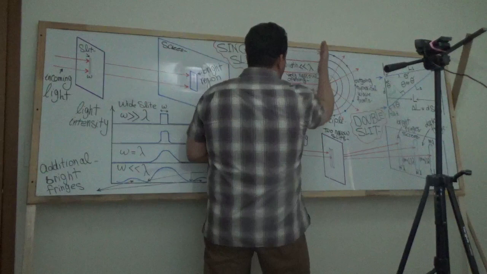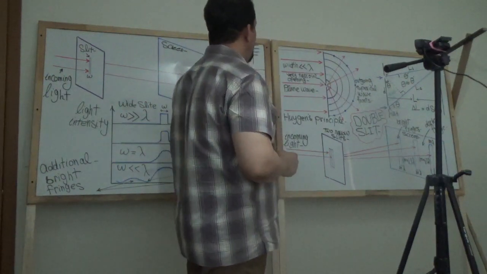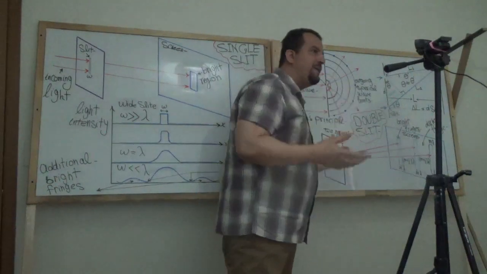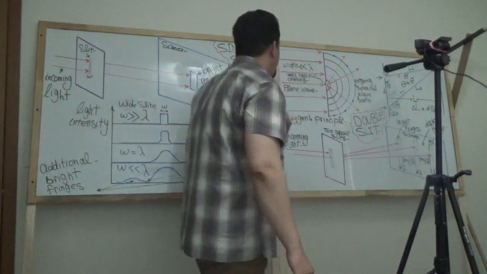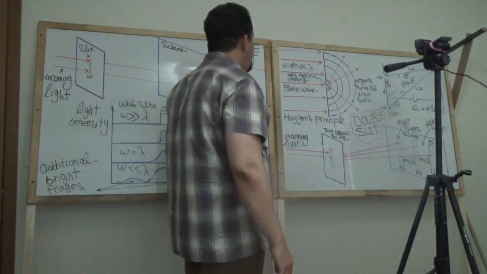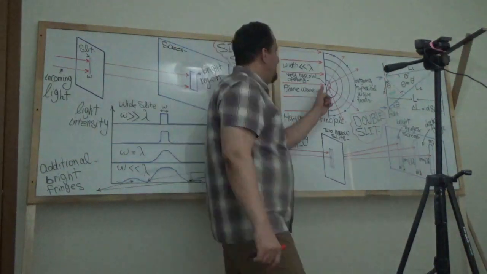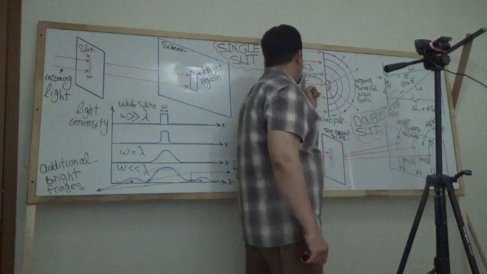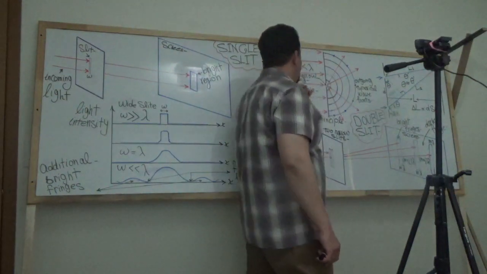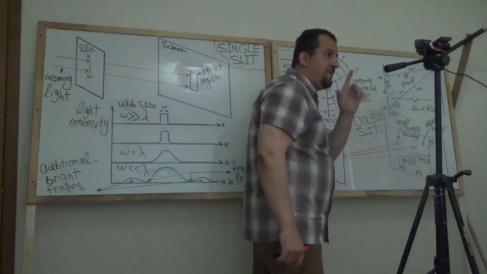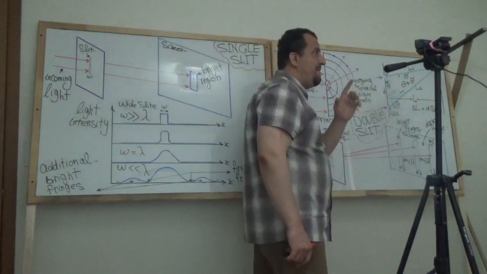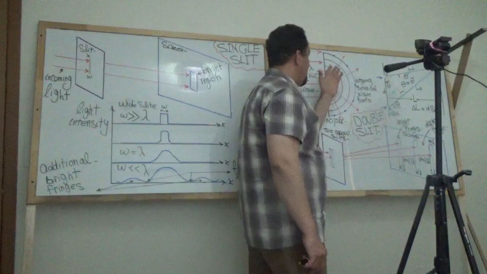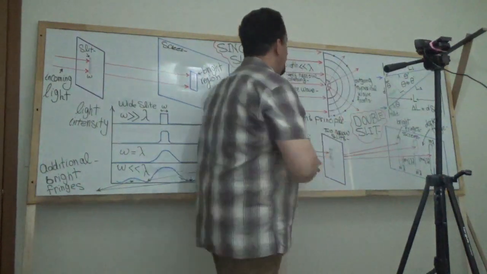We have plane waves, of course, with the wavelength lambda. It's a good idea to use laser source, so that can be very nice. And the most important thing that I will need to mention here is that this opening here is very narrow. So that is a condition. We need to have W smaller than lambda, so that can give me this kind of pattern that you can see.